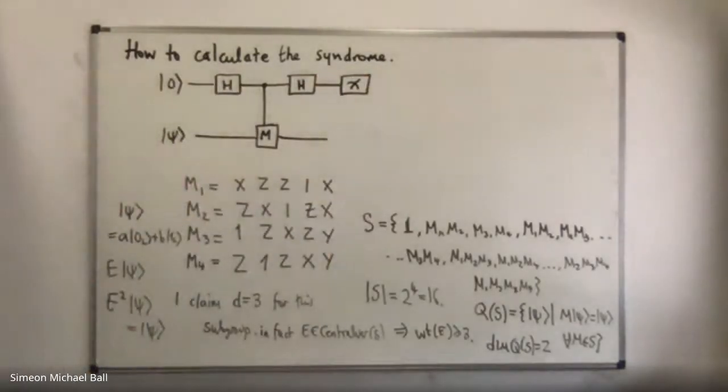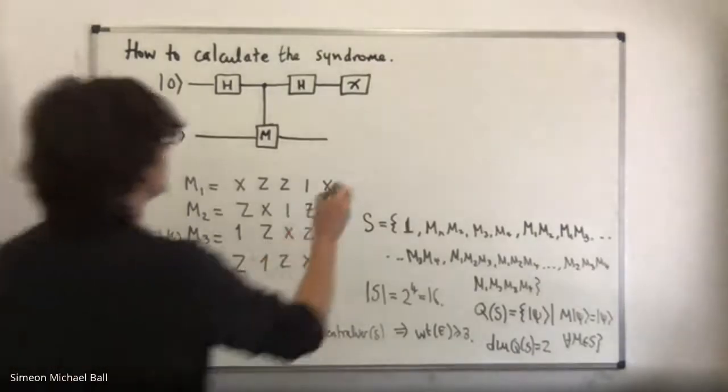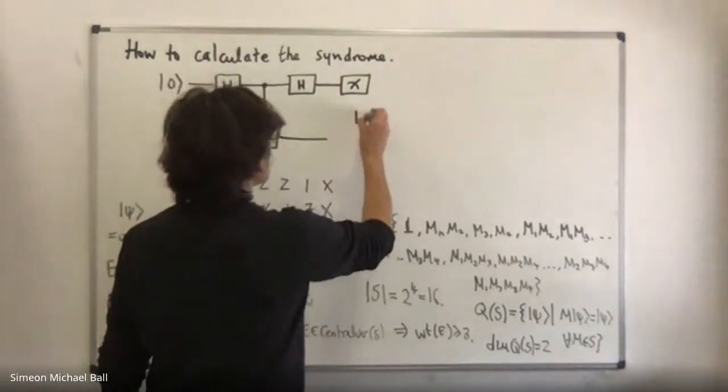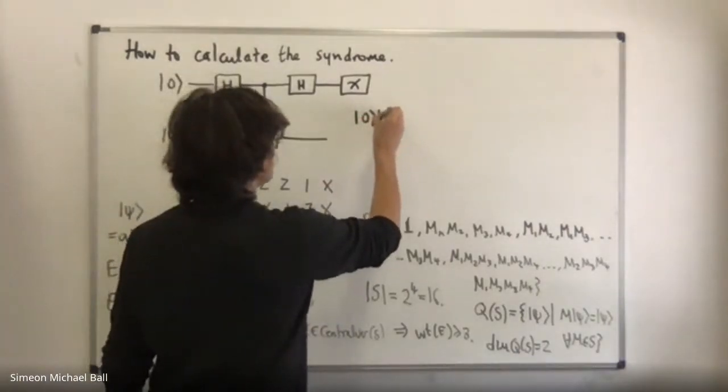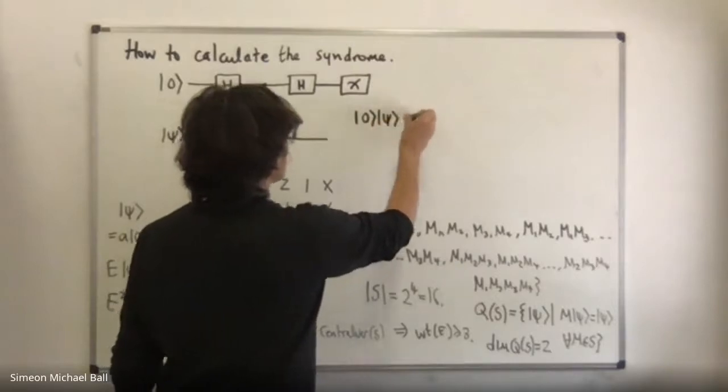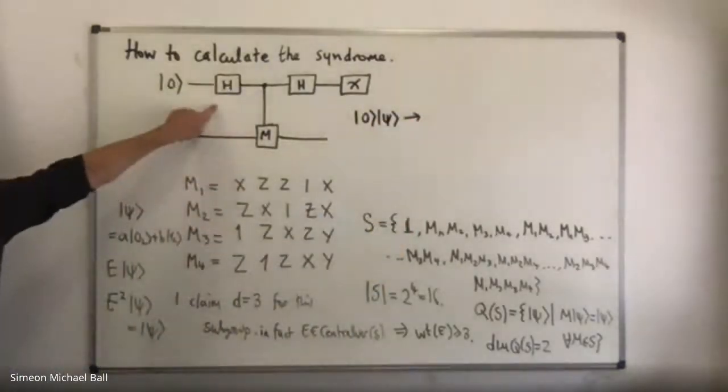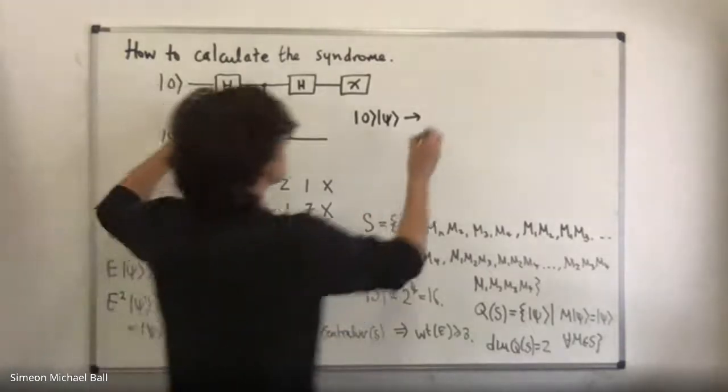Now, what happens if we calculate this syndrome? So first of all, this circuit. We're starting off with 0 psi. And we apply how much of this?